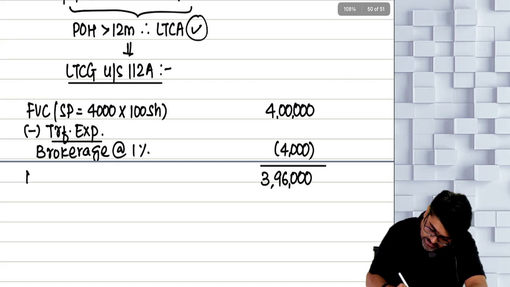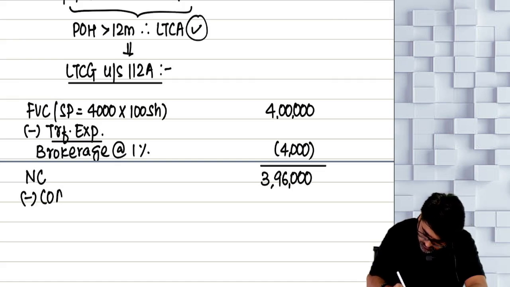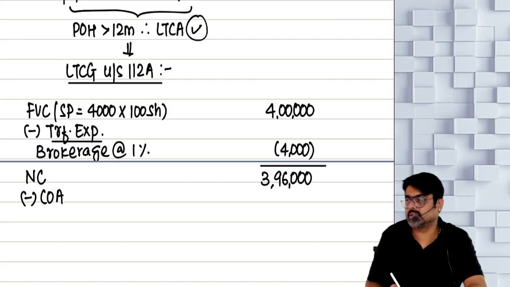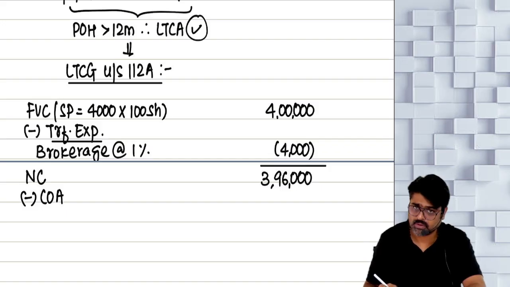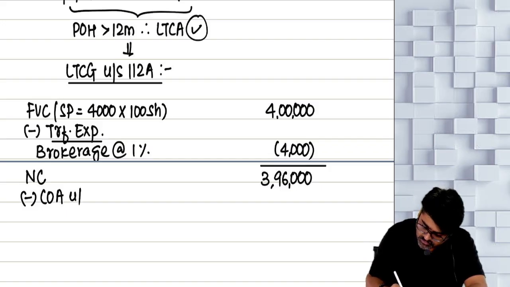This is net consideration. Out of this, will I reduce cost of acquisition? My cost of acquisition of these shares will be as per 55(2)(ac). Why? Because these shares were purchased prior to 1st February 2018. So cost of acquisition will be under section 55 subsection 2 clause AC.